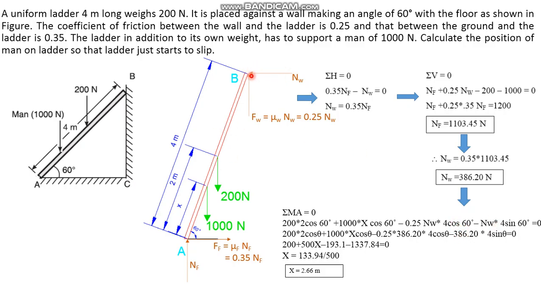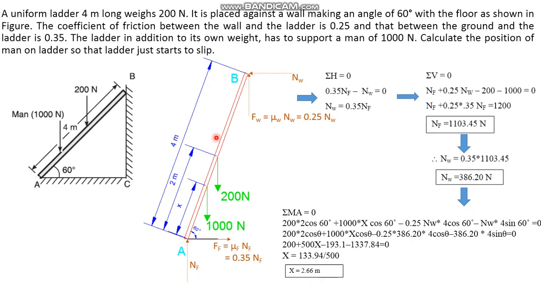And NW is also anti-clockwise, but its vertical distance is 4 sin 60, and the sum is equal to 0. So NW and X are the unknowns. NW we already got as 386.20. Substituting that, we get X equals 1330.94 divided by 500, so X equals 2.66.